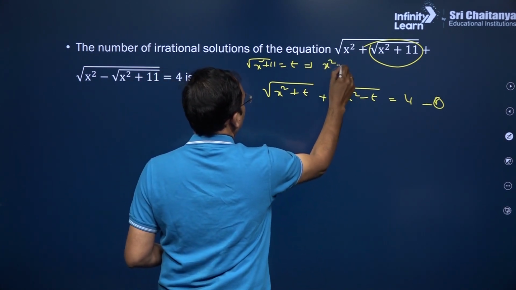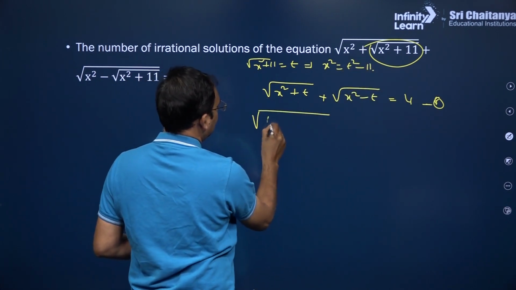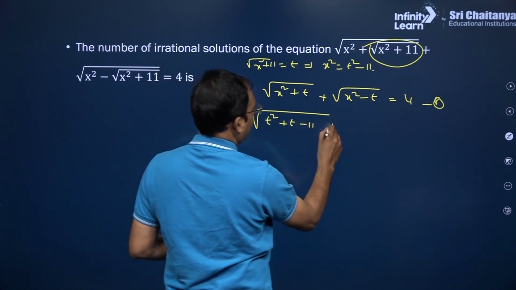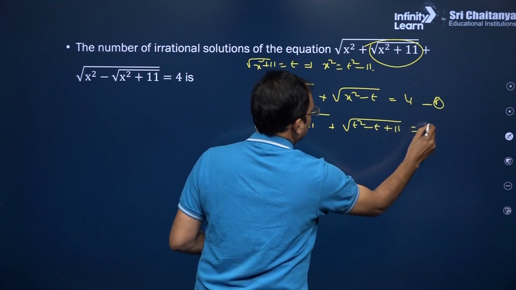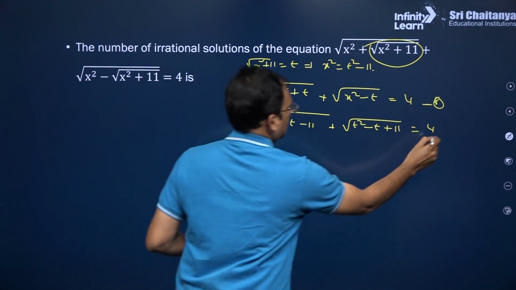So, x square you can write as t square minus 11. So, you can write root of t square plus t minus 11 plus root of t square minus t minus 11 is equal to 4, right.